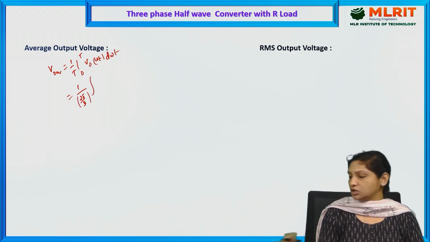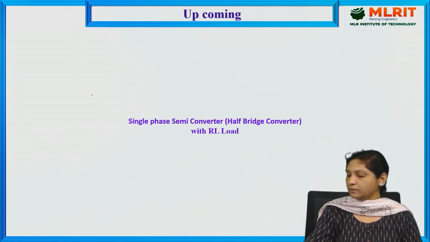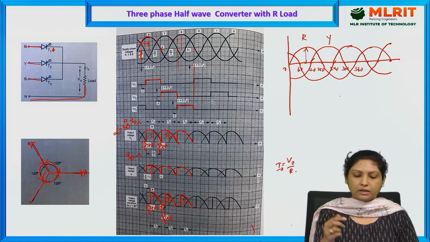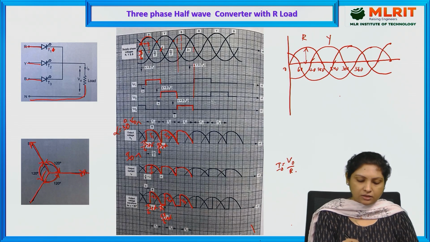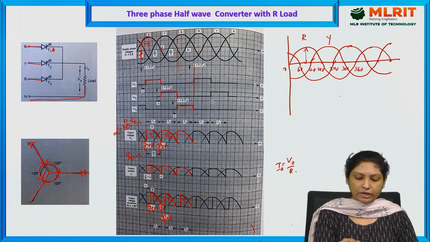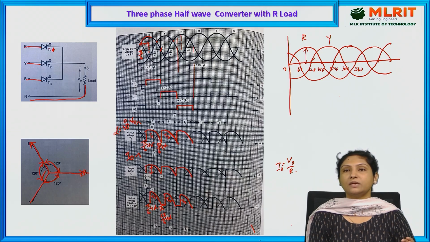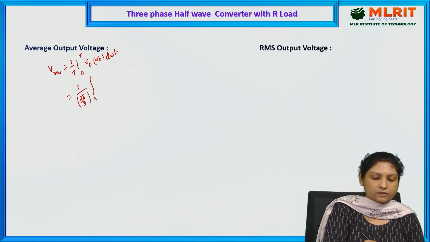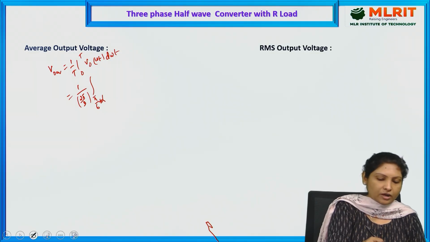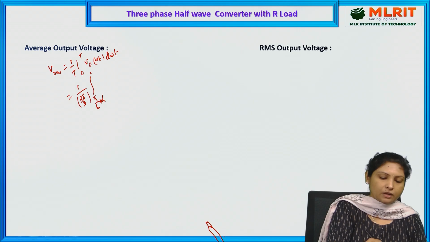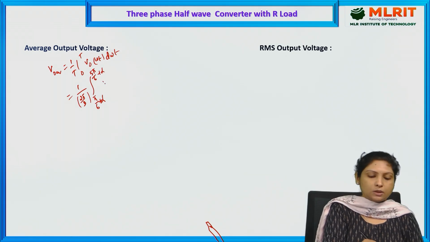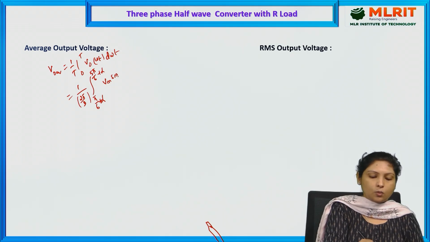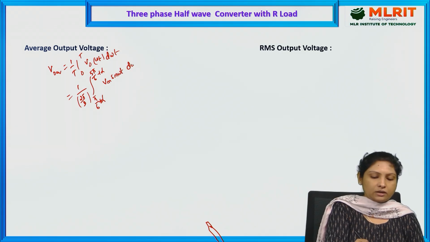And it is actually conducting from... So what are the limits? Here limits are pi by 6 plus alpha to 5 pi by 6 plus alpha, it is conducting till 5 pi by 6 plus alpha. Is it not? So that is the reason here limits are pi by 6 plus alpha till 5 pi by 6 plus alpha, where V0 is equal to Vm sin omega t d omega t.